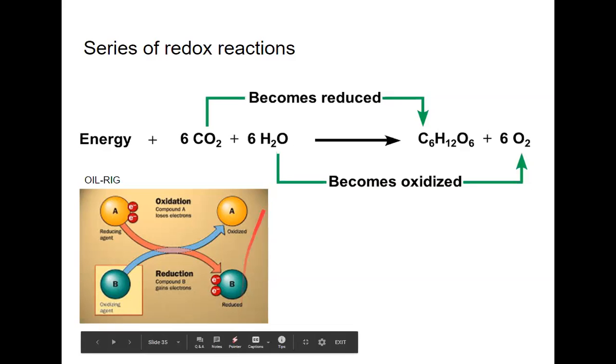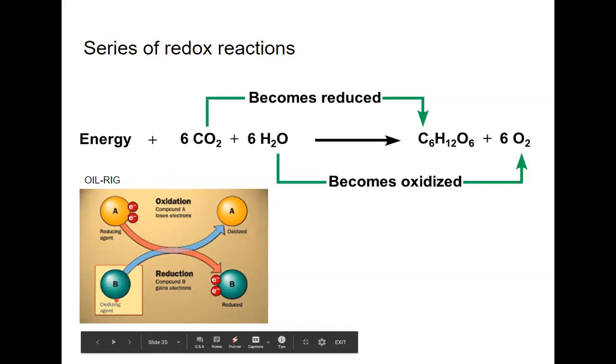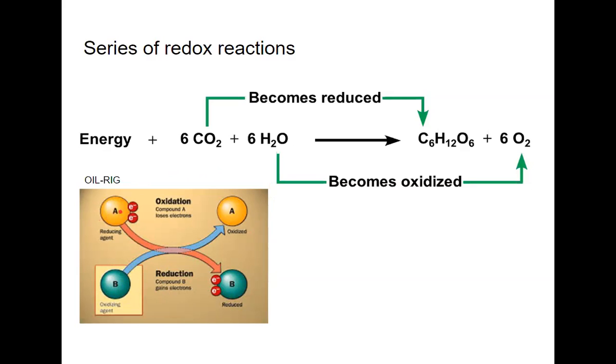For reduced, we have an oxidizing agent, and we're going to pick up 2 electrons and be called reduced. It's going to be paired with a reducing agent with 2 electrons that then gives them up and is then oxidized. So these work in concert.